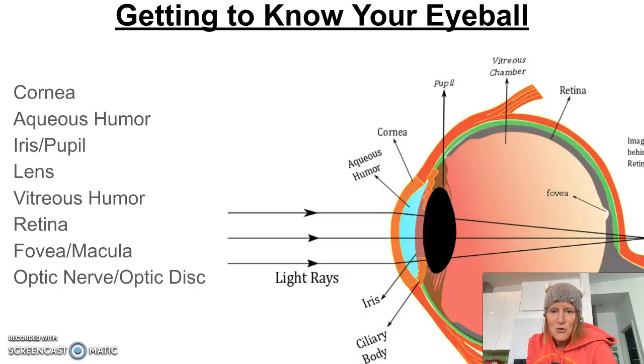Then it goes through the lens, which is weirdly colored black here, but it should be transparent. And the lens bends the light to then go to the back of the eye, where it deals with the retina, which is this black layer.